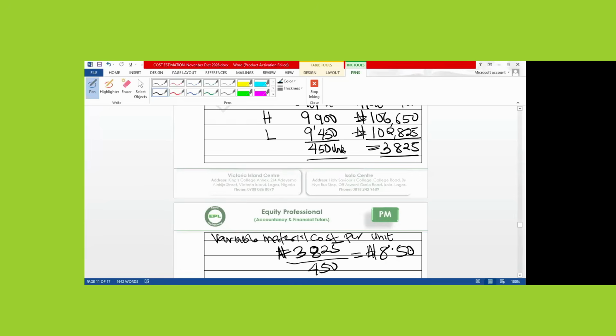What you are saying is, if production is within 100%, material cost per unit is 11 naira. When production exceeds 100%, material cost per unit becomes 8 naira 50 kobo as a result of discounts obtained.